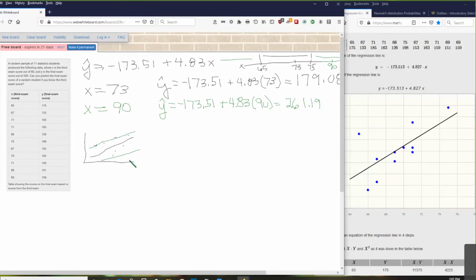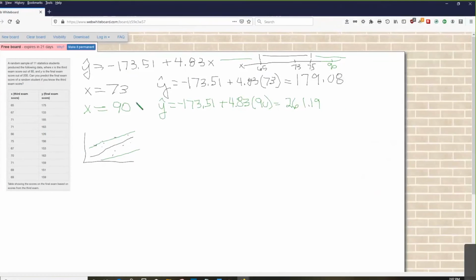Okay? So we're going to use this sample again, and the standard deviation. If you use the calculator, it's going to calculate the standard deviations for you. So let me pull that up again and show you where that is.